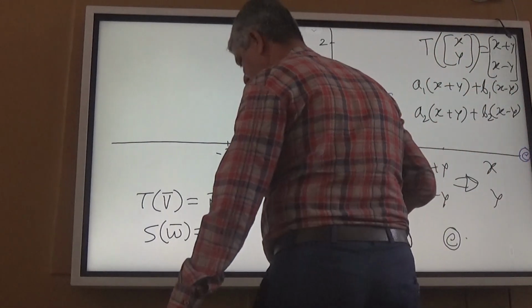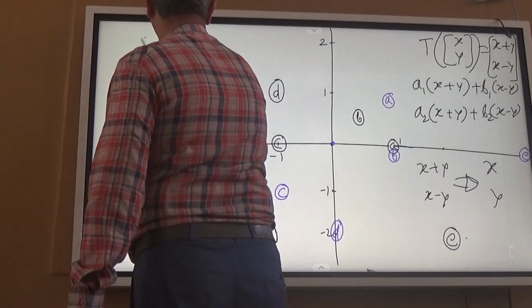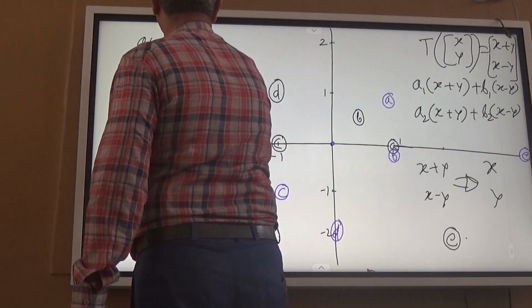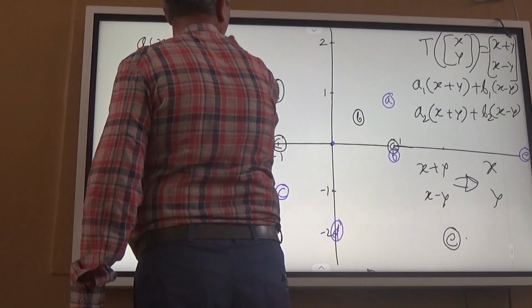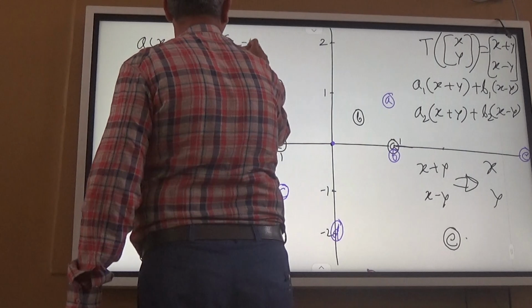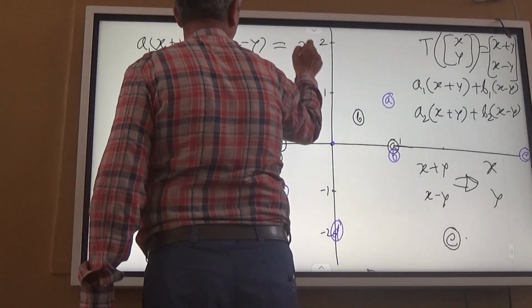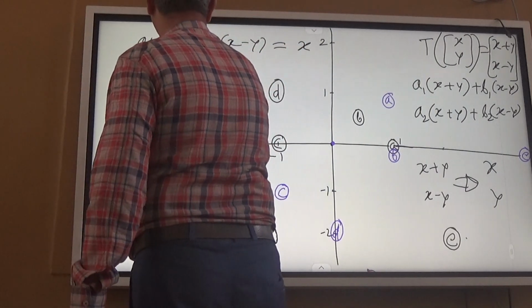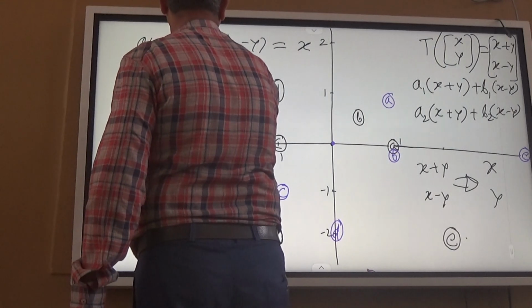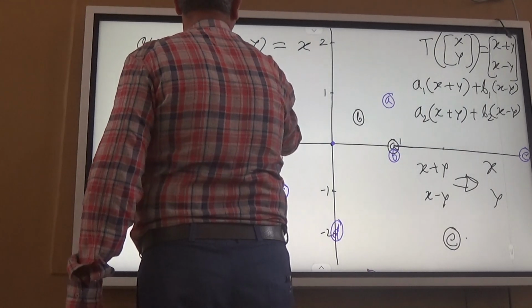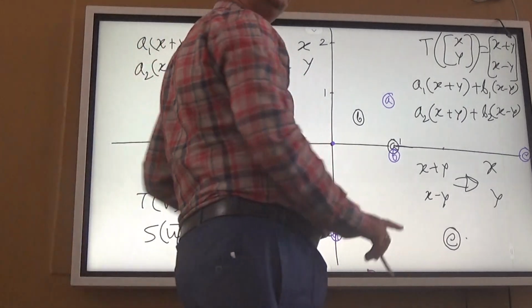And what should we have? a1 (x plus y) plus b1 (x minus y) should be equal to x, and a2 (x plus y) plus b2 (x minus y) should be y, right?